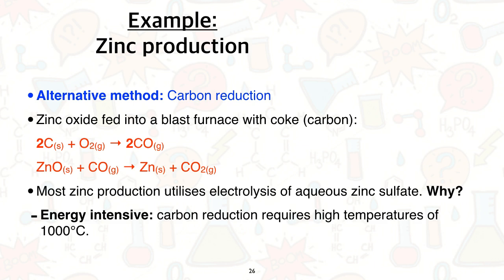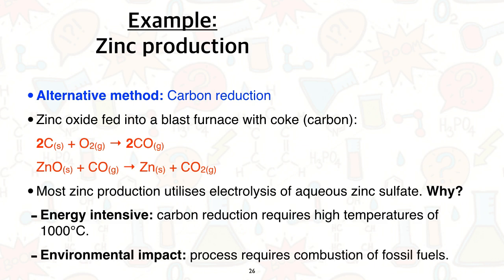So carbon reduction requires temperatures in excess of 1,000 degrees Celsius. And how do you get that? Well, you typically burn fossil fuels, and that's going to contribute to CO2 emissions, as we can see there. So the energy demands can be quite similar, but then it's the environmental impact that essentially poses a bigger threat, whereas electrolysis of the solution doesn't have that issue.